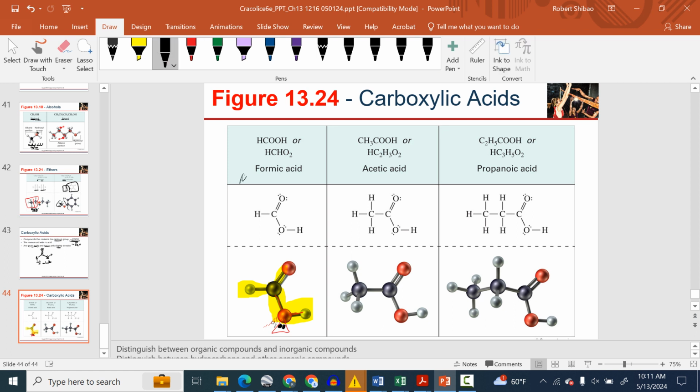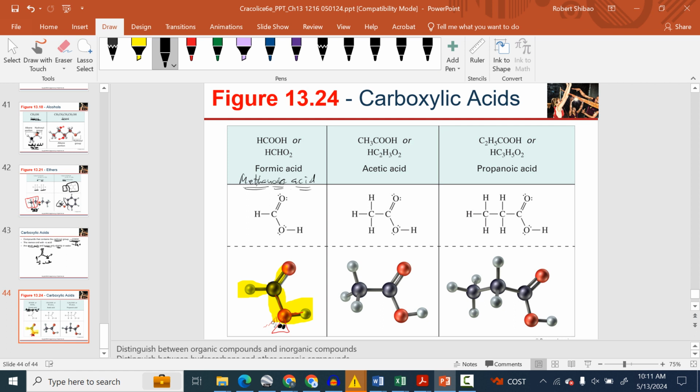Methanoic acid has a common name. It's methanoic acid because carboxylic acids all end in oic acid. And so we know we have a carboxylic acid when we see oic acid. And methane means just one carbon. And so this is a one carbon carboxylic acid, referred to as formic acid.